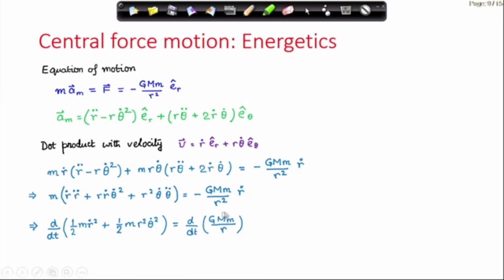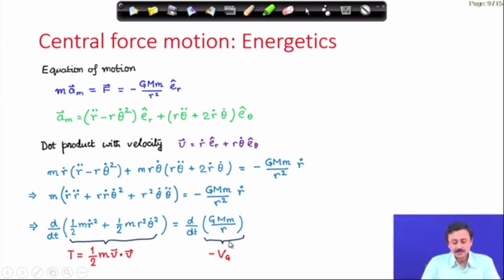Now, it so happens that the right hand side can be recast as d dt of G capital M times small m by r. Because of this, I can take it to the other side. The left hand side, as I mentioned, within the brackets is the kinetic energy of the particle, and the quantity within the brackets on the right hand side, we have seen, is minus of the gravitational potential energy of a mass in a central force field.